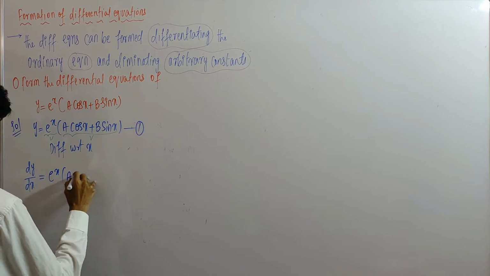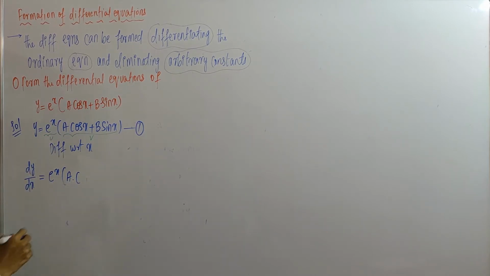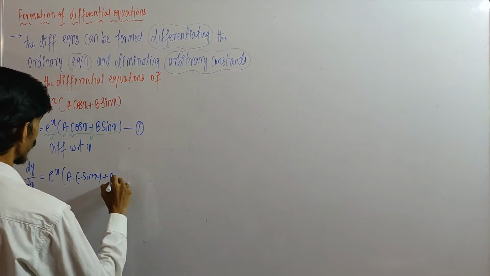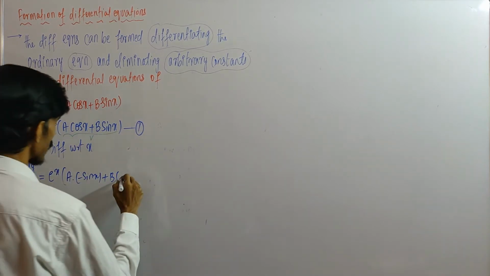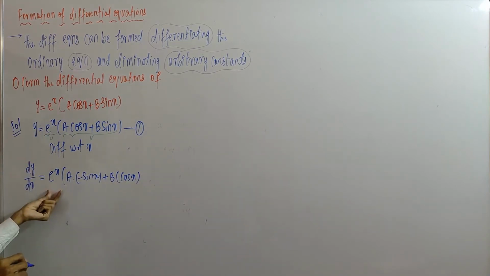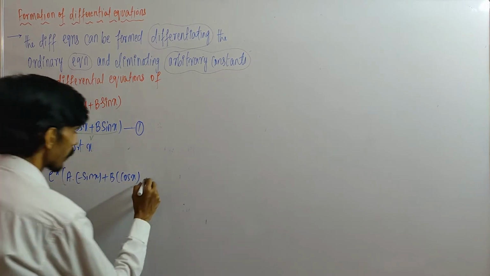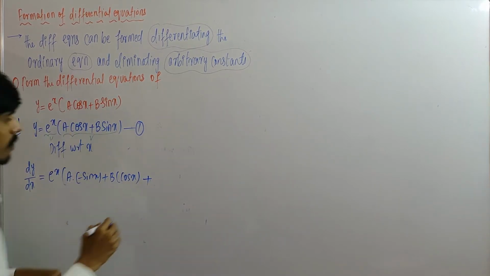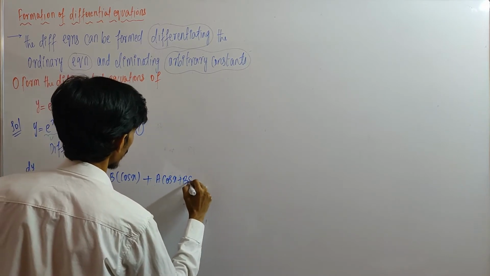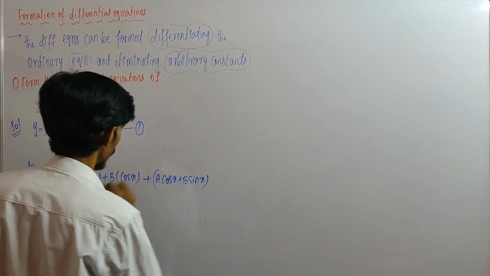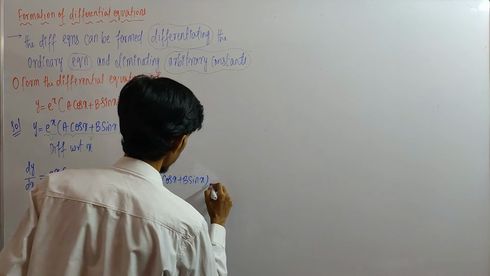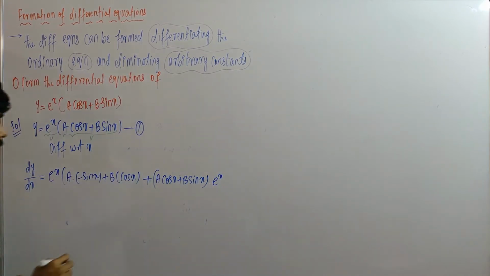A is a constant, leave it; the derivative of cos x is minus sin x. Plus b is a constant, leave it; the derivative of sin x is cos x. Next, leaving the second function, that is a cos x plus b sin x, and differentiating the first function, the derivative of e power of x is e power of x only.